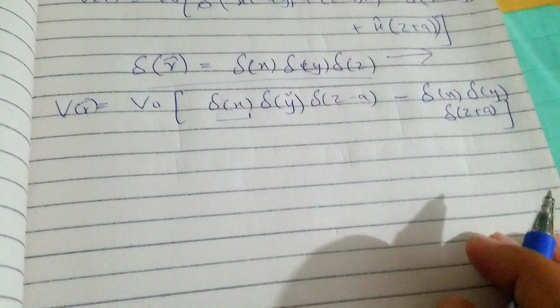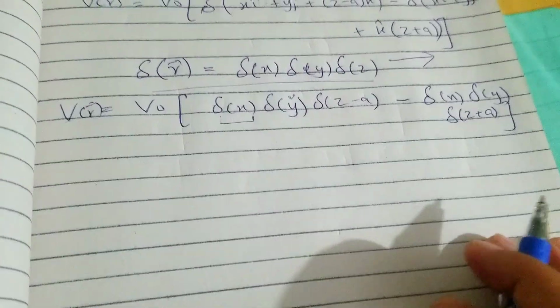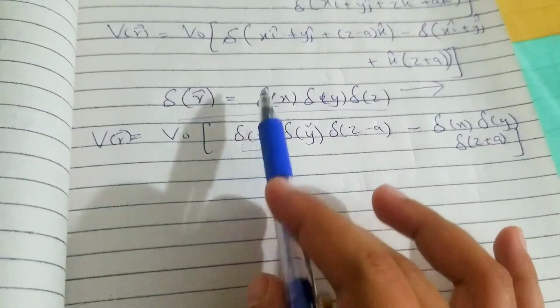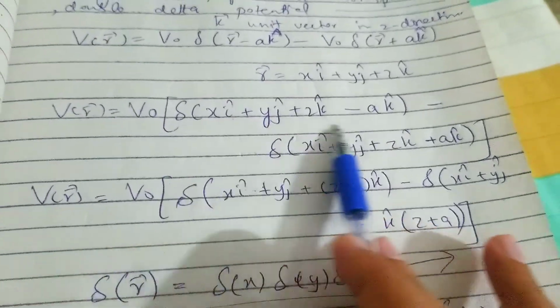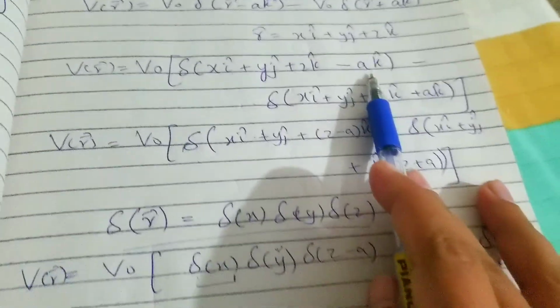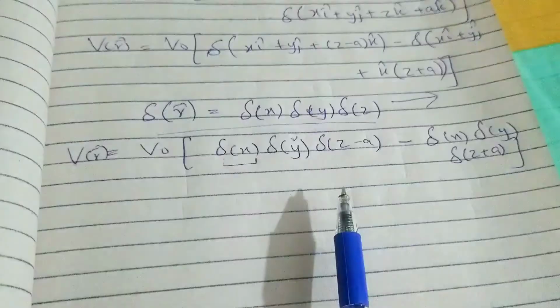By separable I meant that the potential term has an explicit form, meaning the x dependence is completely separated, the y dependence is completely separated from all other components, like it is delta of x, not delta of xy and all that. So the integration will be very easy, as we will see later. That is why I just separated the delta function that contained all these functions intermixed into separate functions.